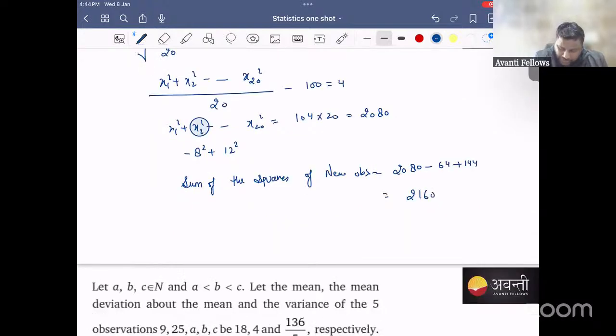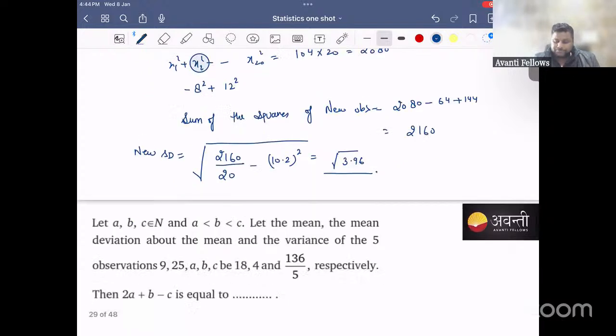Now the new standard deviation will be the square root of 2160 divided by 20 minus the new mean, 10.2, whole square, and it will come out to be the square root of 3.96. This is how we do it.